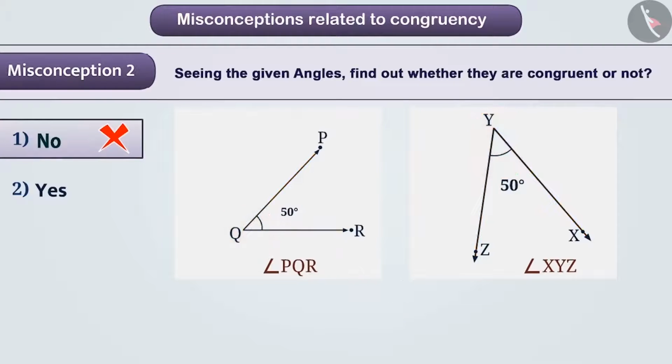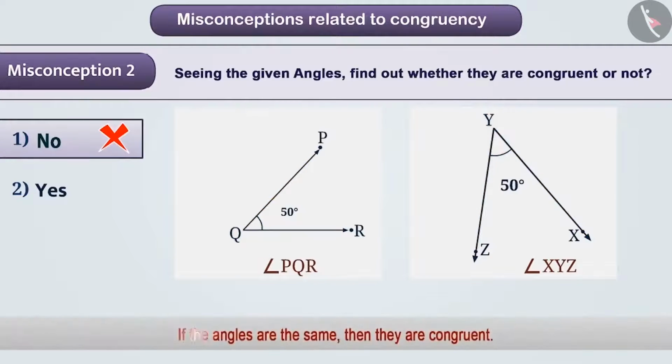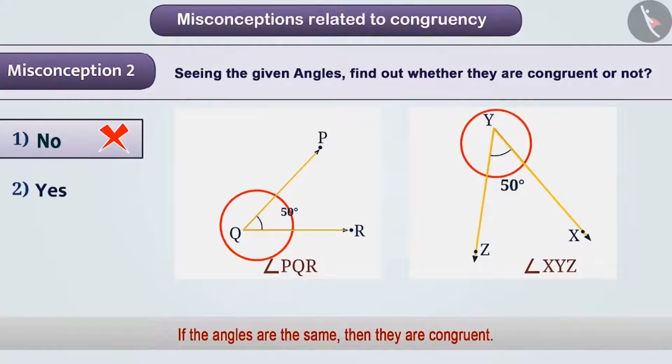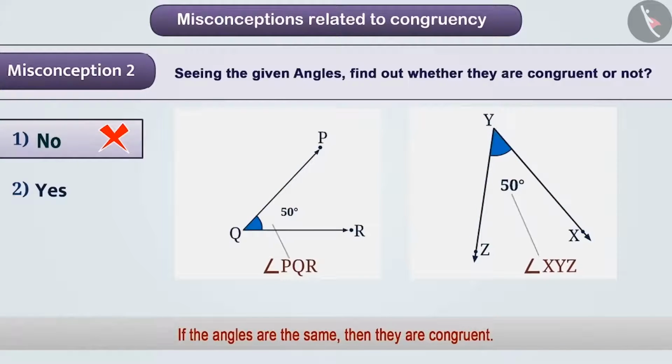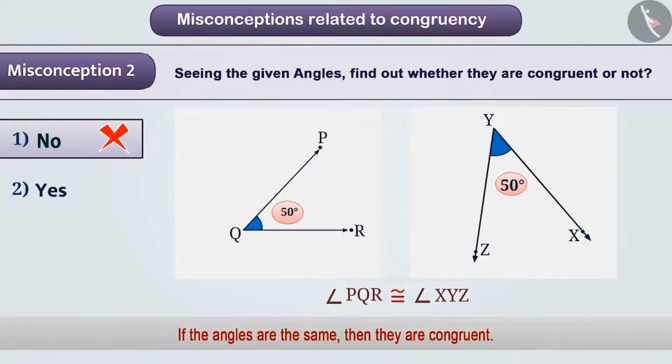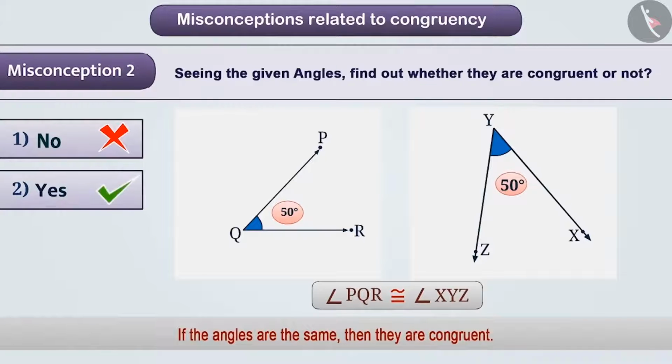The correct understanding is that if the measurements of the angles are the same, then they are congruent, no matter how long the lengths of their arms are or what their position is. Here, angle PQR and angle XYZ both measure 50 degrees. Hence, angle PQR is congruent to angle XYZ. Here, option 2 is the correct answer to this question.